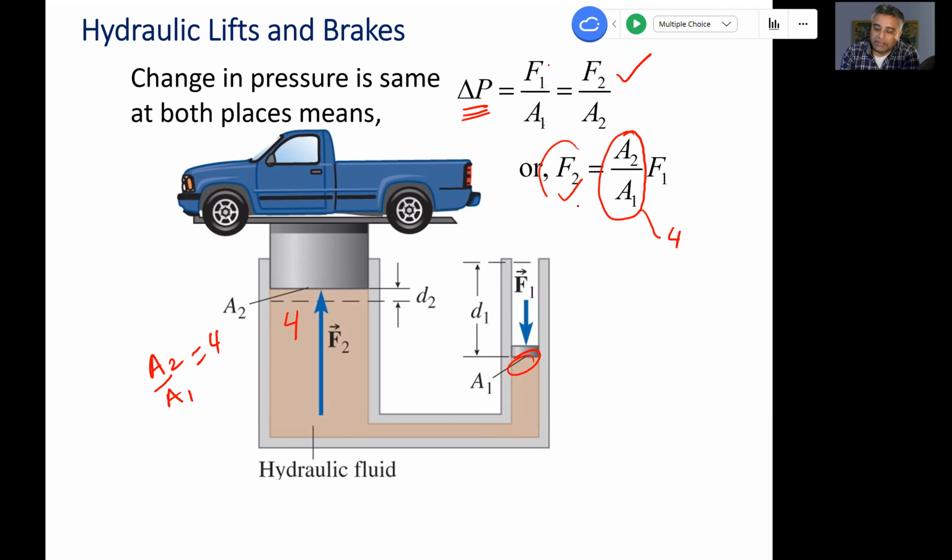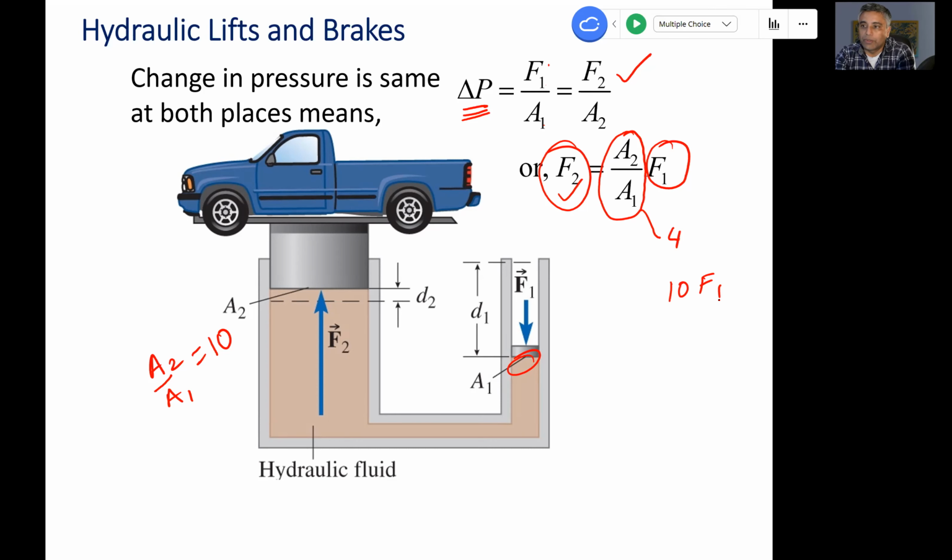That means the force over here is going to be 4 times larger than the force we are applying. So you are multiplying the force by doing it, okay? So by making this area even bigger, let's say 10 times larger, you are making that force 10 times larger.